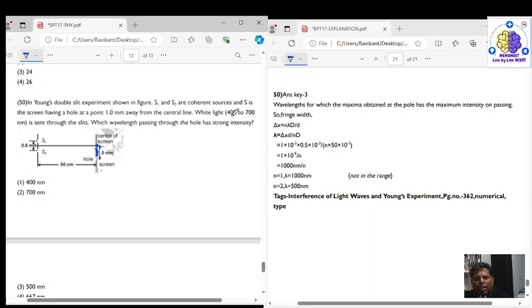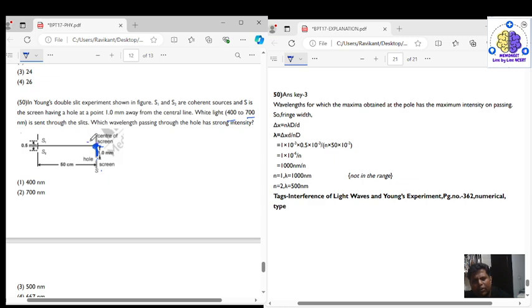Now the white light, that is white light is from 400 to 700 nanometer, the wavelength has been given to you, is sent through the slits. Which wavelength passing through the hole has stronger intensity? It means when white light is used for Young's double slit experiment, at the center it has a bright white fringe.